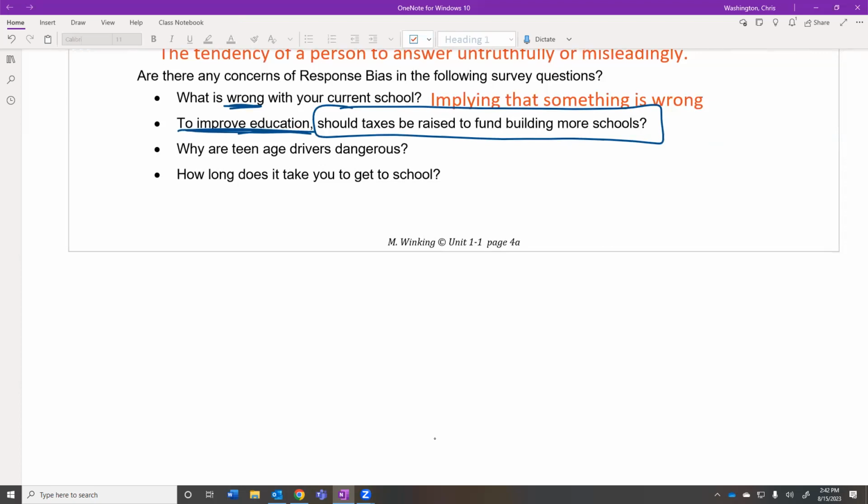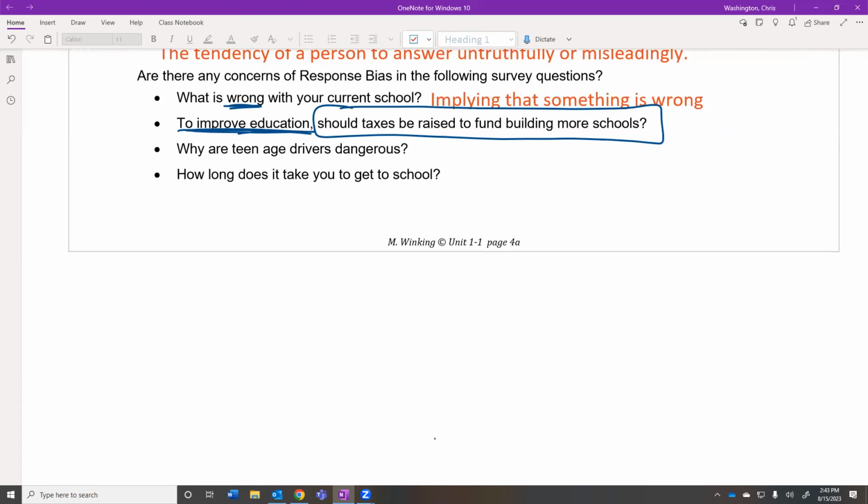Why are teenage drivers dangerous? They're new, right? But the way this question is worded is trying to elicit a certain response from you. Are all teenage drivers dangerous? Maybe, because they're new, because they text and drive when they're not supposed to, they talk on the phone, they're not paying attention when they should be, they go too fast.